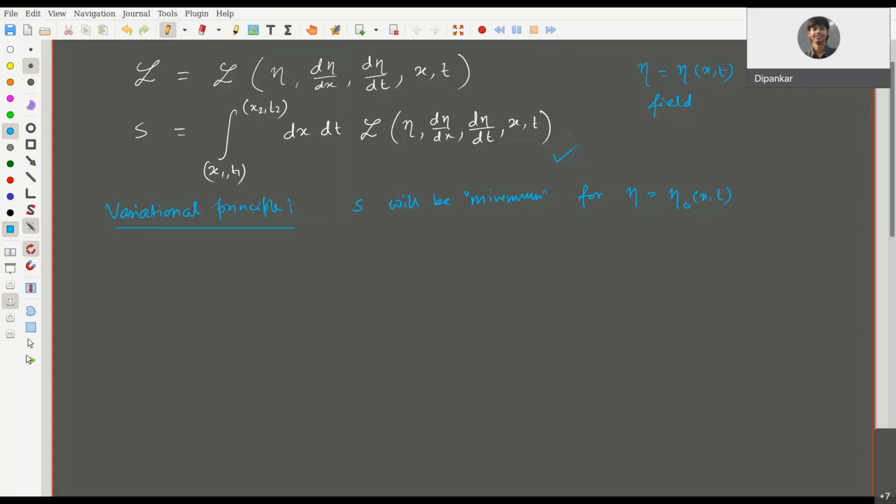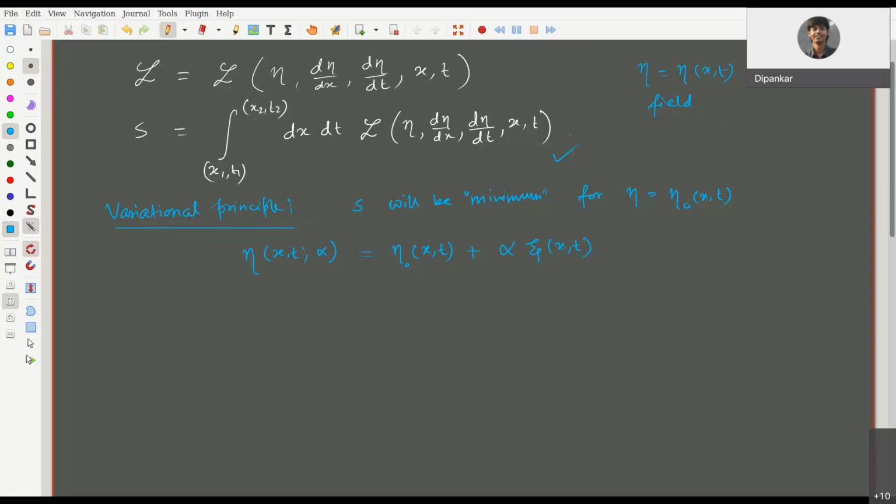So then what you do is that you define a general eta of x, t with parameter alpha, as a perturbation about that correct field, the minimum field. This eta 0 of x, t is your correct field, which we will call the classical field, which minimizes my action, plus some alpha times some xi of x, t, in the same way that we did the minimization of action in our discrete point mechanics.